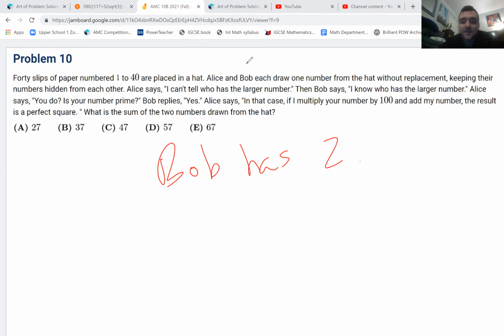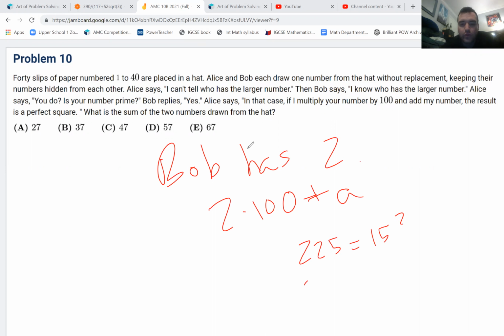Then Alice says, in that case, if I multiply your number by 100 and add my number, we get a perfect square. So now we just need to think about what perfect squares we know that are in the 200s. Well, we know 225 is 15 squared.